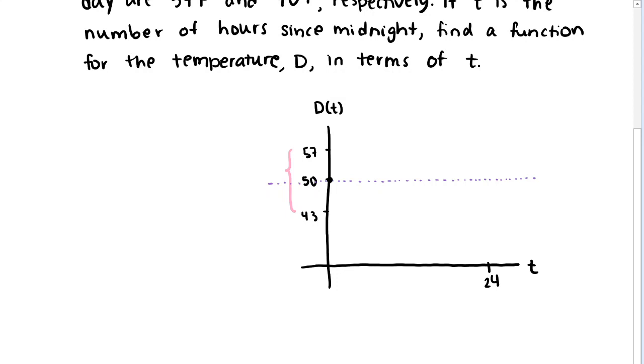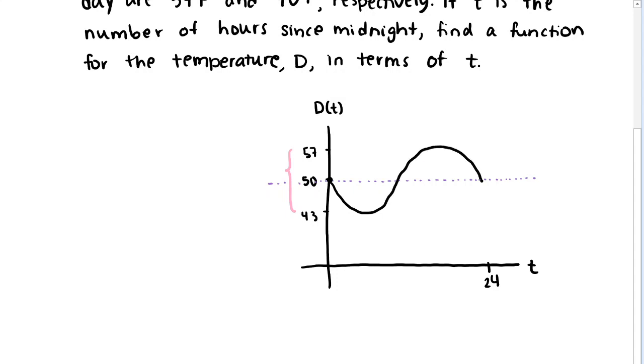From one day to the next, the temperatures will look pretty similar. After midnight, do we expect our temperatures to increase or decrease? As we get further into the night, our temperatures should decrease. There's not really much reason for the temperatures to increase. So we can imagine that our graph probably looks something like this.